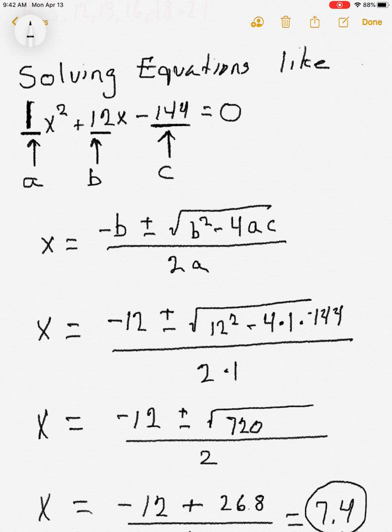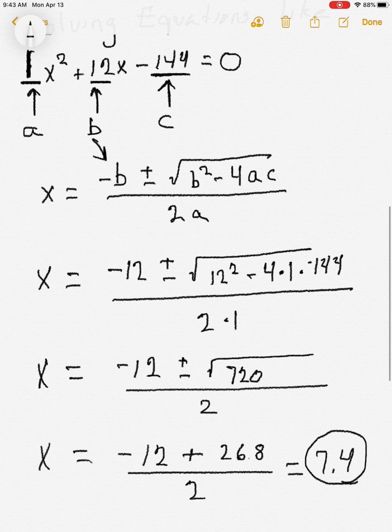What is the factor for this, or what are the factors for this equation? All right, the law says that the roots or the factors of this equation equal the negative of the second coefficient, the negative of b, plus or minus the square root of that coefficient squared, b squared, minus 4 times the first coefficient, a, multiplied by the last coefficient, c, in this case negative 144, divided by 2 times the first coefficient, a.